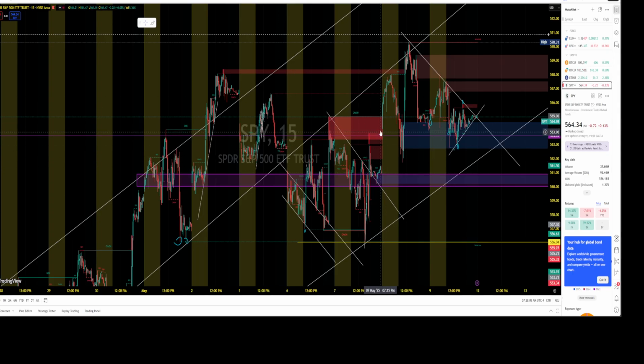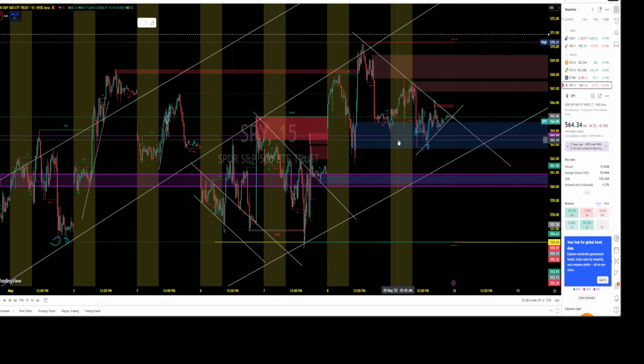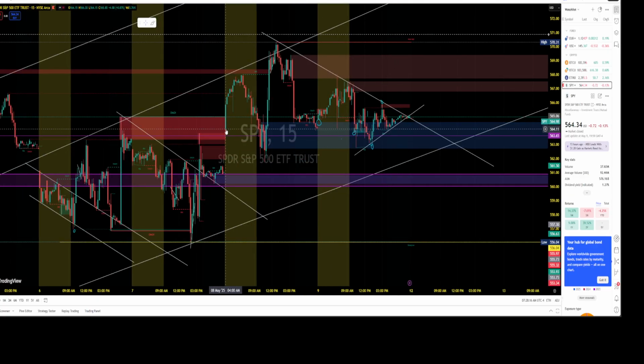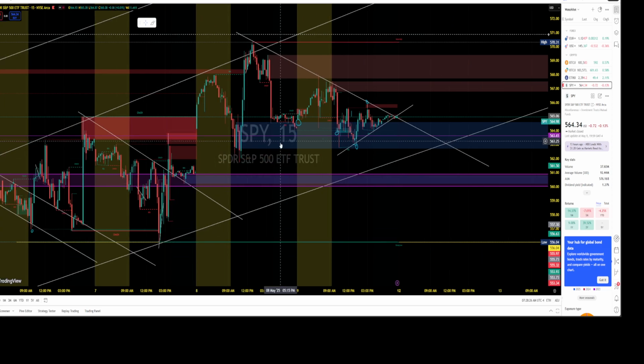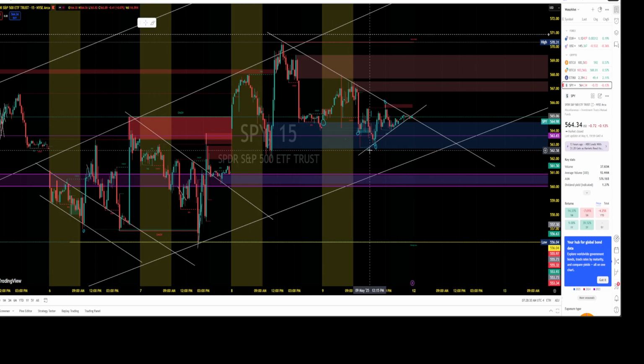The gap up from here to here, they tried to fill it. Let me draw it down from here to here, 561 to 564. I cannot say this is a fill, but the good thing is it is acting as support right now.